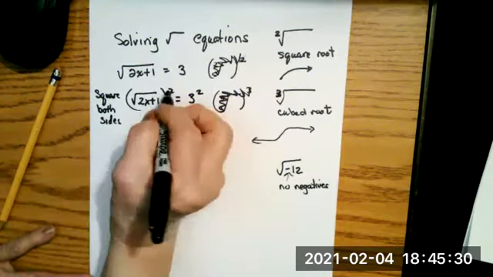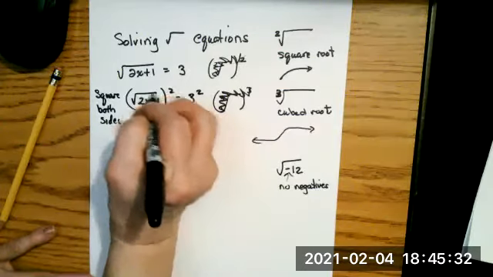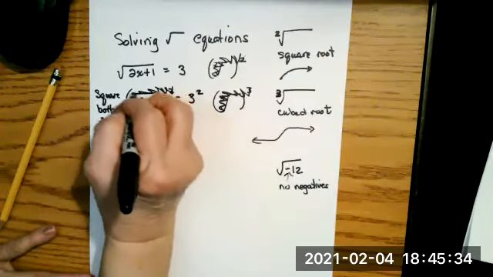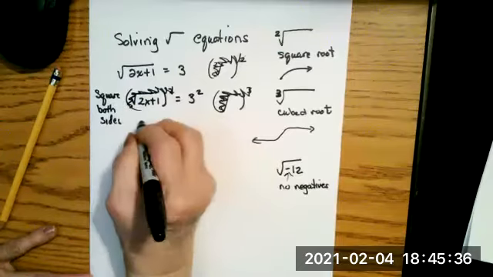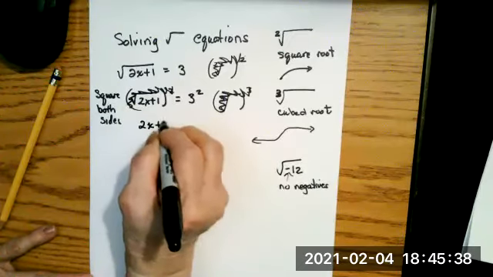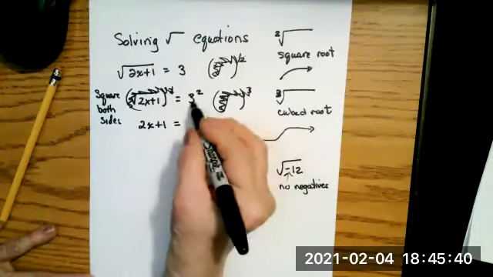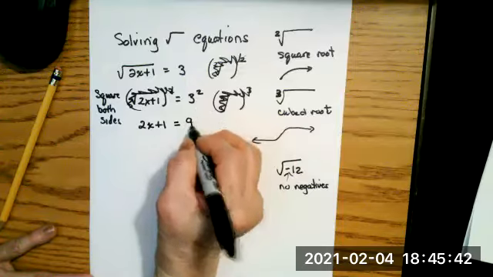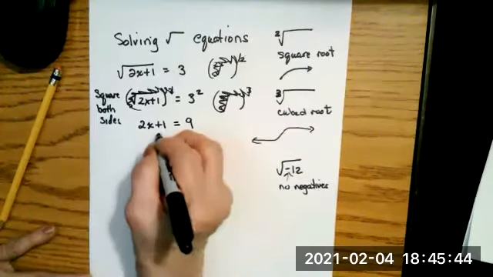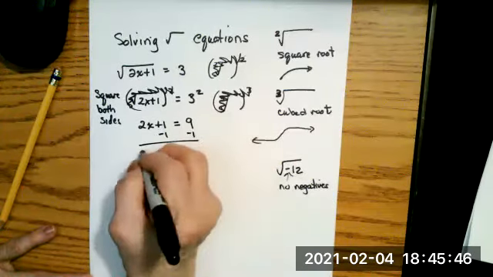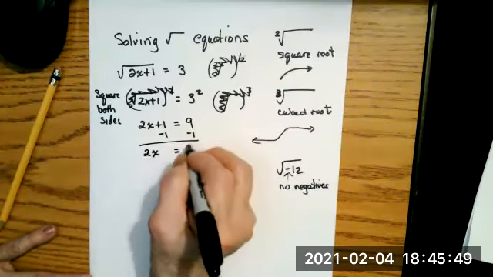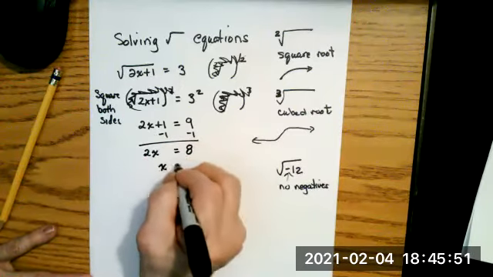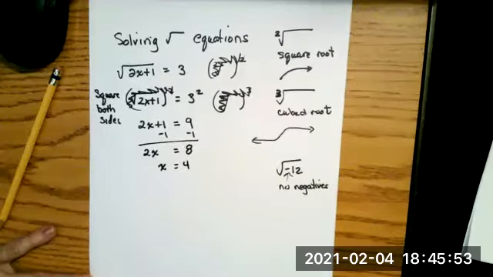Just like in this example, if I square that square root, it's going to take it off. So on this side, all I have is 2x plus 1. On this side, I have 3 squared, which is 3 times 3, which is 9. Now I have a nice little equation I can solve. 2x is 8, so x equals 4 when I divide both sides by 2.